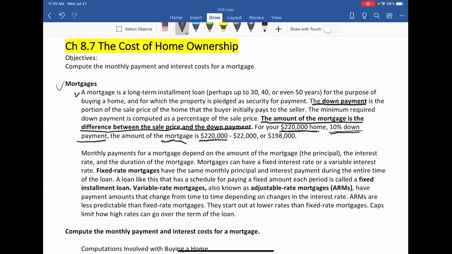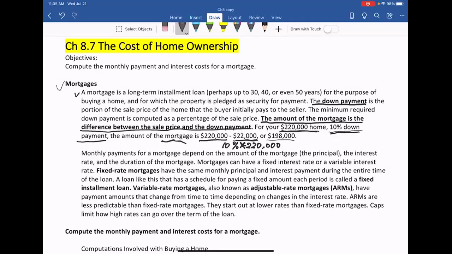That's the sale price subtract 10% times 220,000. So we get this result: $198,000. This is the mortgage.